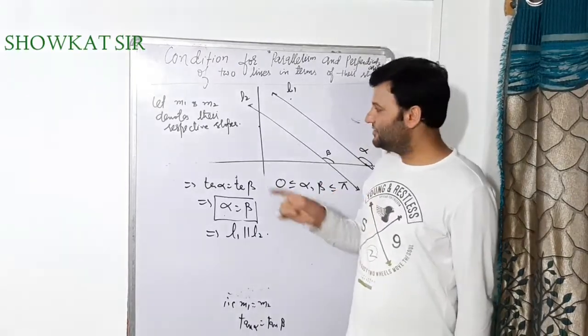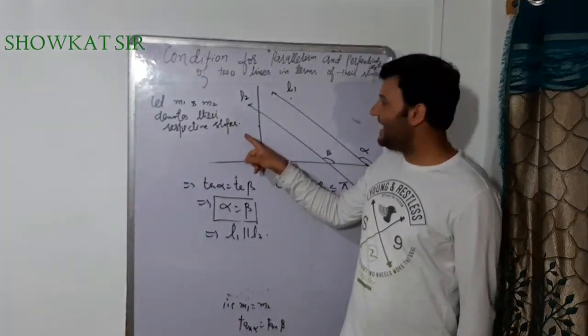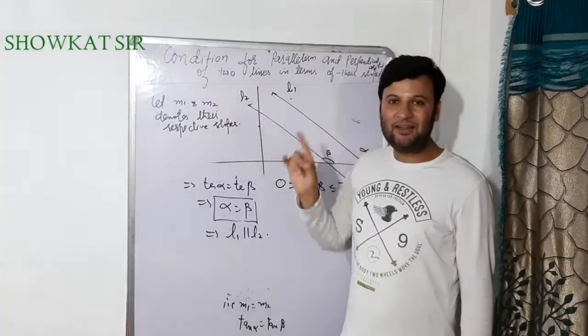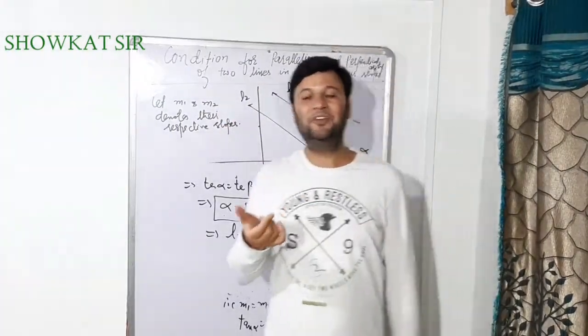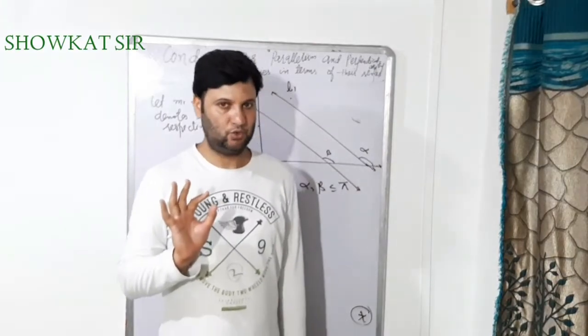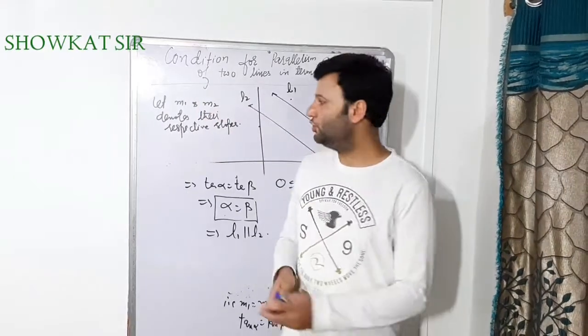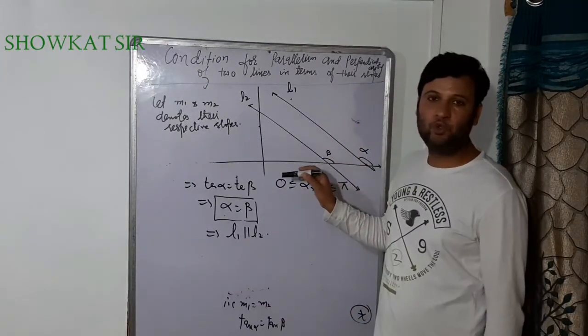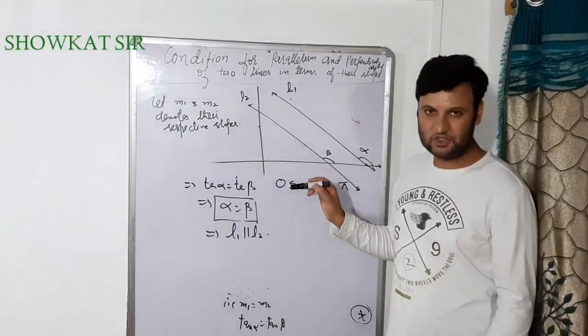So hence two lines having slopes M1 and M2 are parallel if and only if M1 is equal to M2. Okay dear, so this was condition for parallelism of two lines in terms of their slopes.